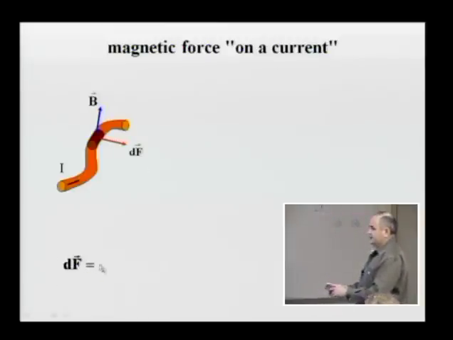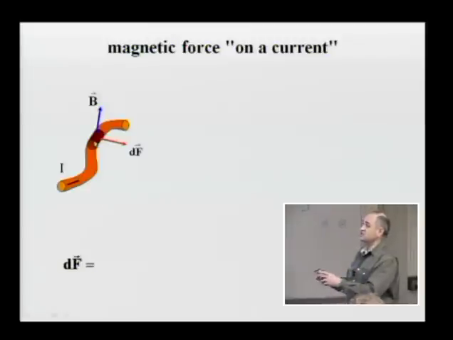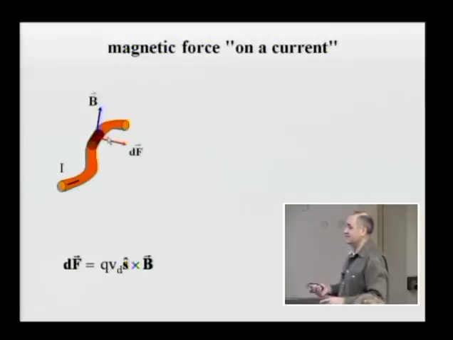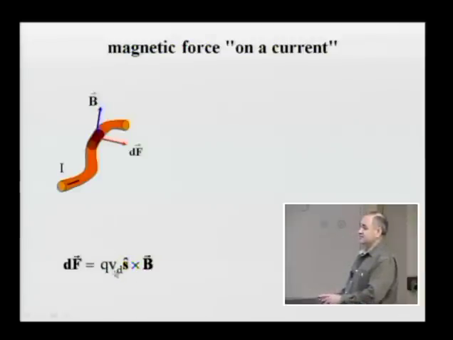All right. So let's start by imagining a single charge carrier traveling over there, and write an expression for the magnetic force. So it will be the charge of the charge carrier multiplied by the drift velocity of the carriers. And I wrote the drift velocity as a product of the magnitude of the drift velocity and a unit vector in the direction of the current in that segment.